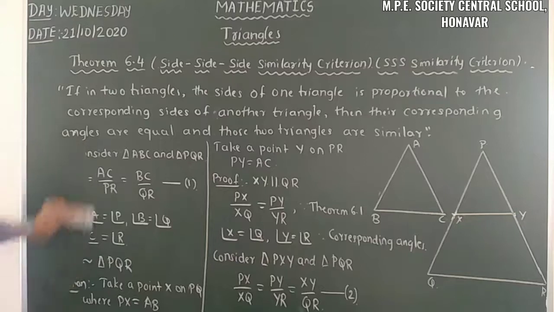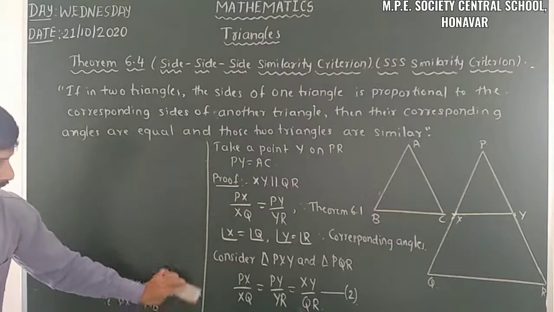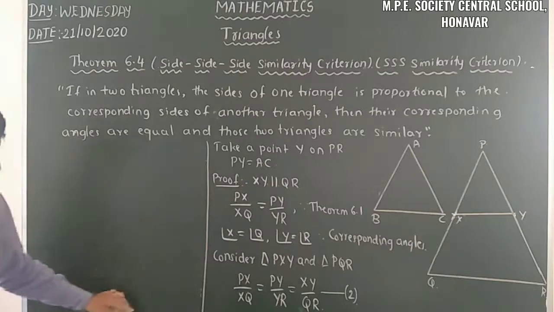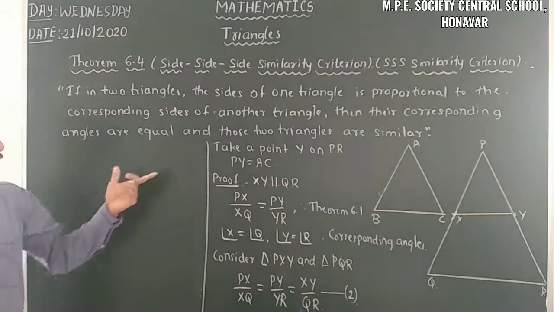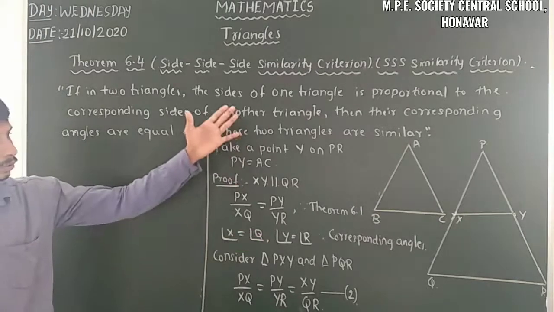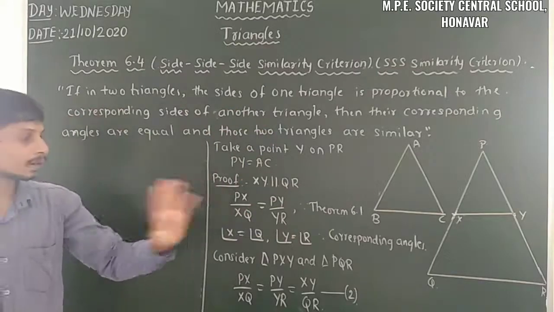So for the second part of this theorem, in the given we have one criterion. Already we wrote that one, that is AB by PQ is equal to AC by PR is equal to BC by QR.